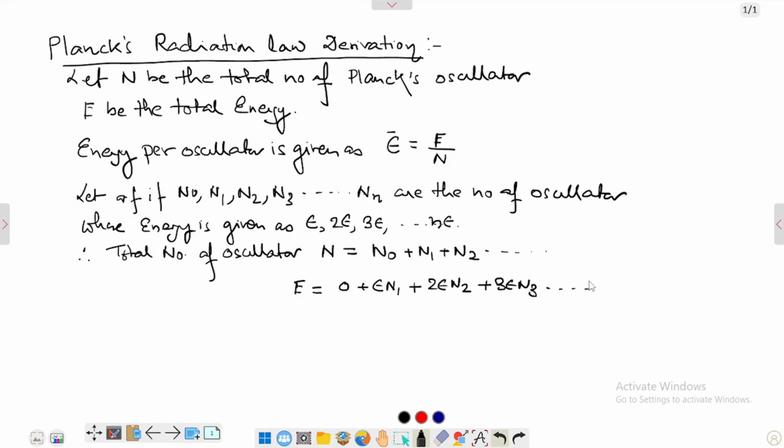We already know that the number of oscillators with a given energy can be represented by the Maxwell distribution formula.